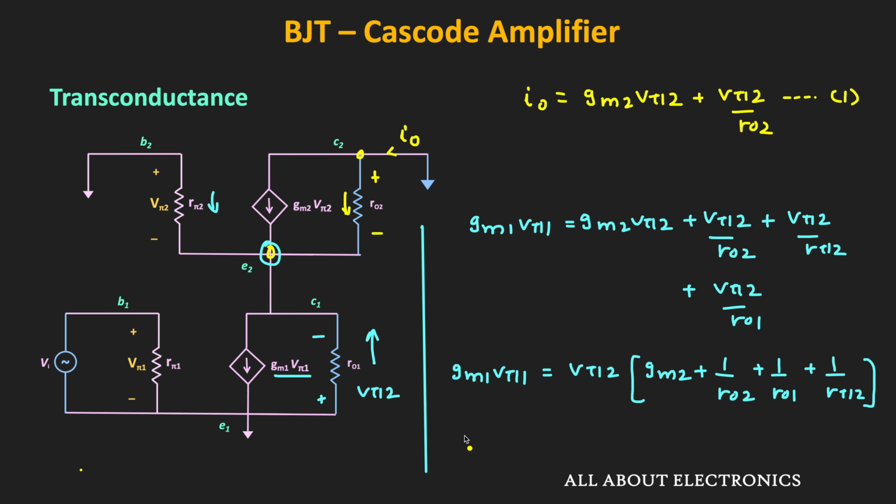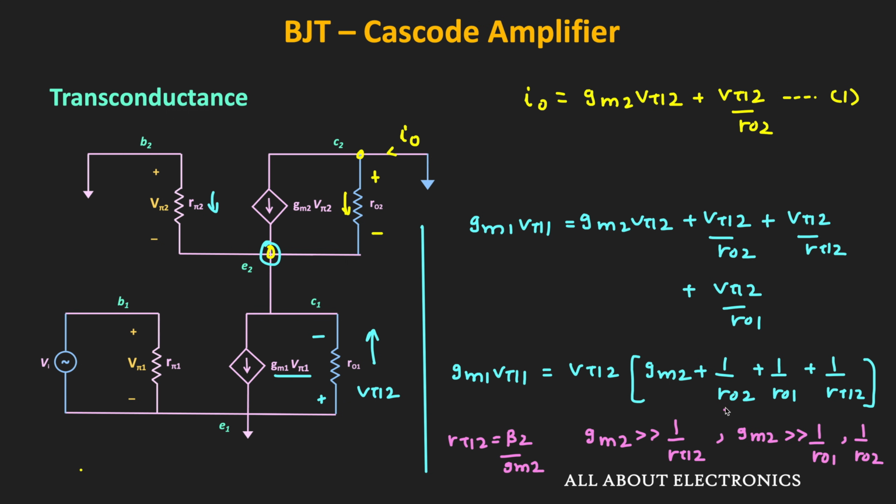Here we know that Rpi2 is equal to beta 2 divided by Gm2. So naturally 1 divided by Rpi2 is equal to Gm2 divided by beta 2, and definitely it will be less than Gm2. So we can say that Gm2 is much greater than 1 divided by Rpi2, and similarly Gm2 will also be much greater than 1 divided by RO1 and 1 divided by RO2.